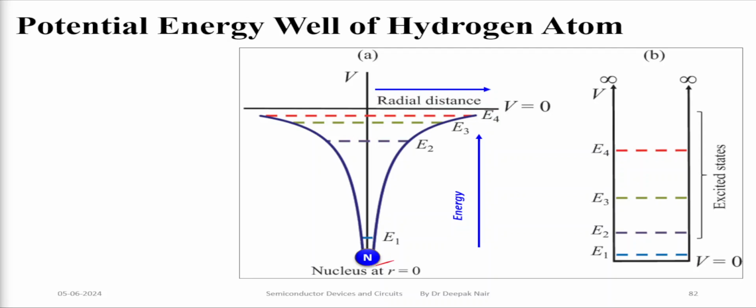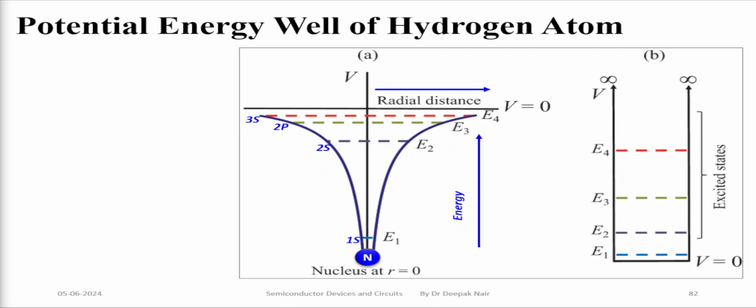Here you have the nucleus, and as you move away from the nucleus, the energy of electrons at different shells will have different values. For example, 1s will have energy E1, 2s will have energy E2, 2p will have energy E3, and 3s will have energy E4. Maximum you can reach up to 0, V equal to 0.